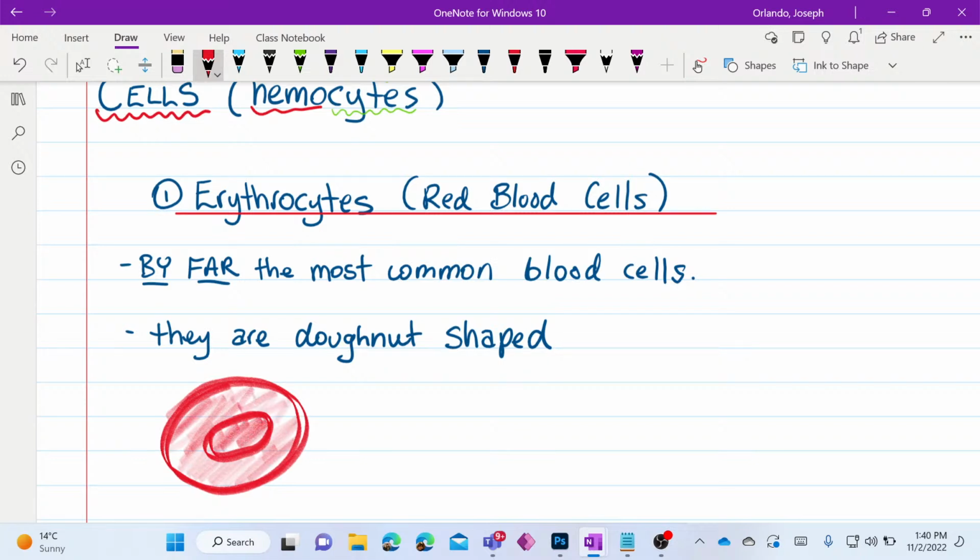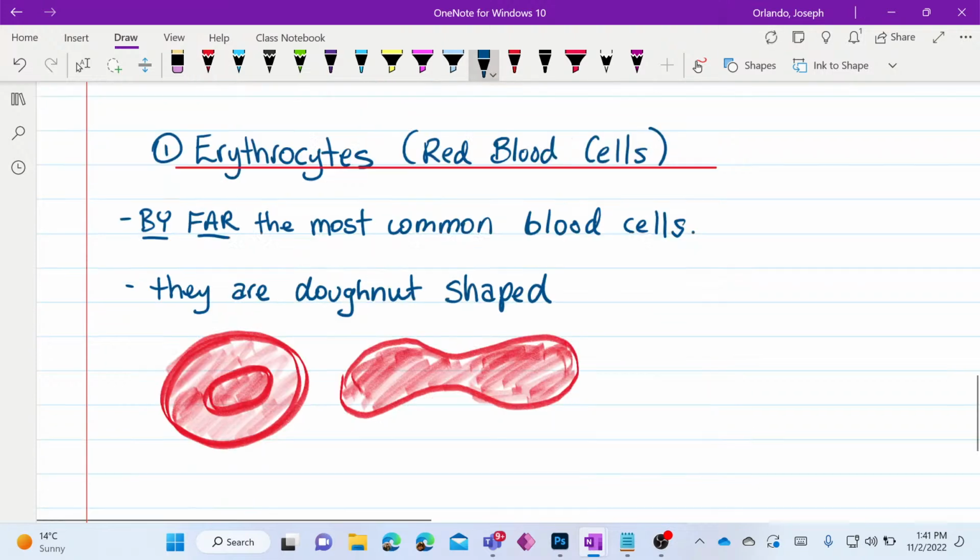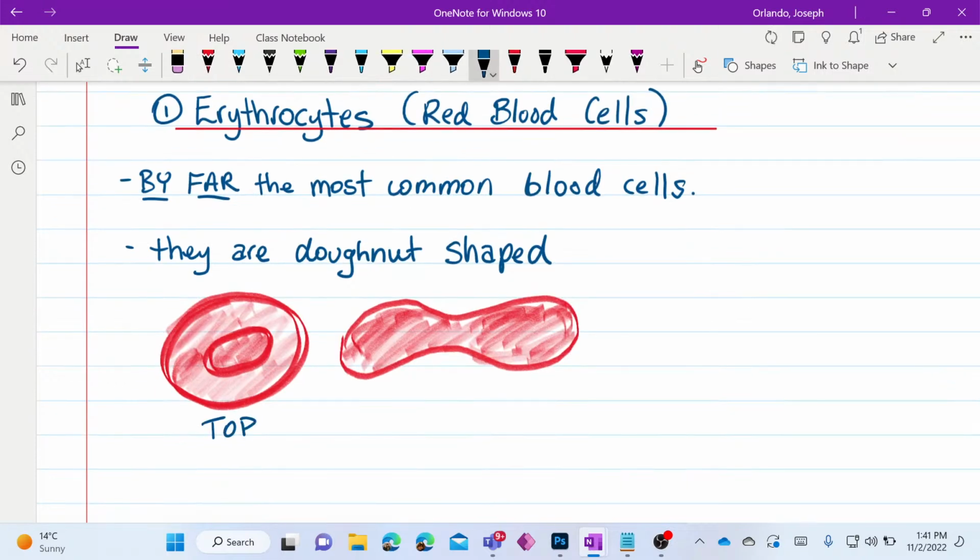And this is also filled in. So, unlike a donut, it doesn't have a hole in the middle. But the reason it looks like that is if you look at it from the side, it actually looks kind of like that. It is depressed in the middle. So this would be kind of a top view, and that would be kind of a side view.